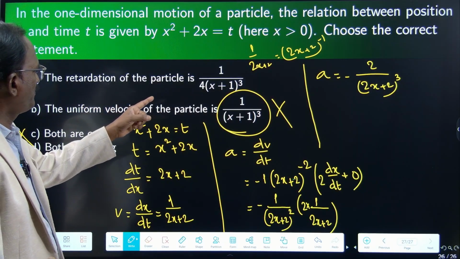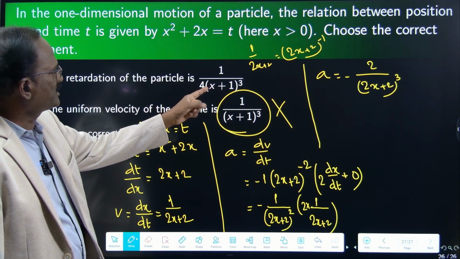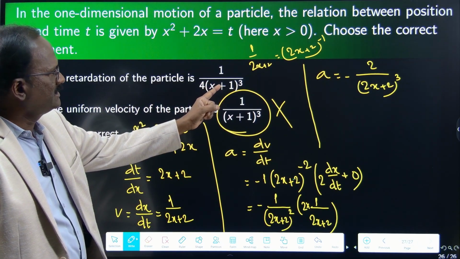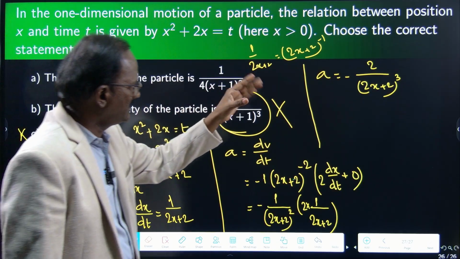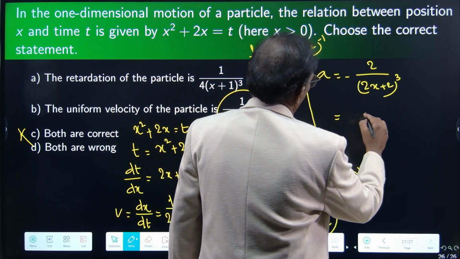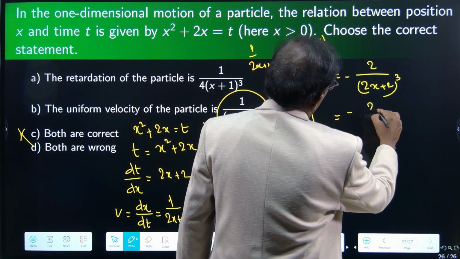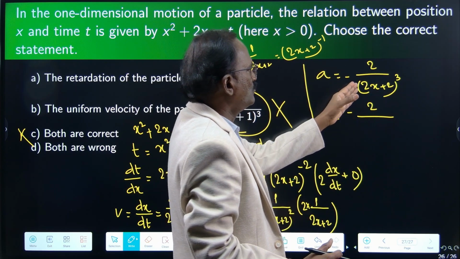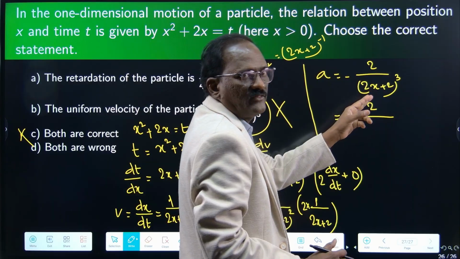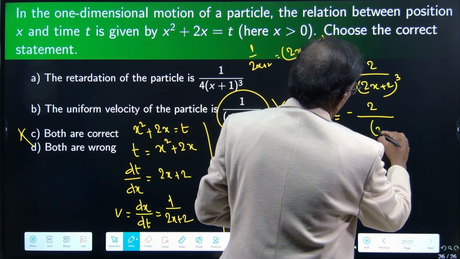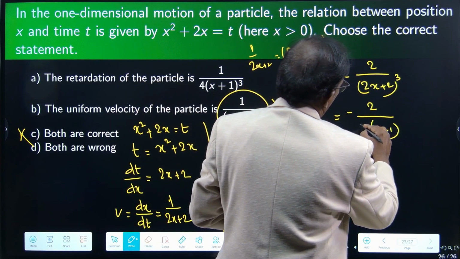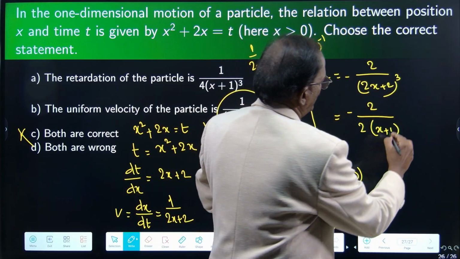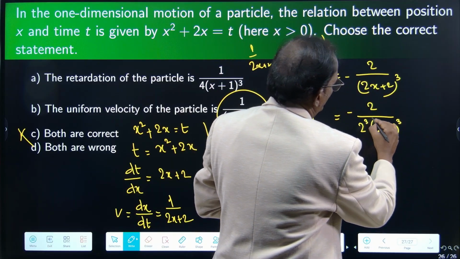The option says the retardation of the particle is 1 divided by 4 of (x + 1)³. So it is 2 only, let us cancel 2 here. Minus 2 divided by 2 can be taken outside. If I take 2 outside, x + 1 will be coming inside the bracket, and since it is power 3, this will also be power 3.